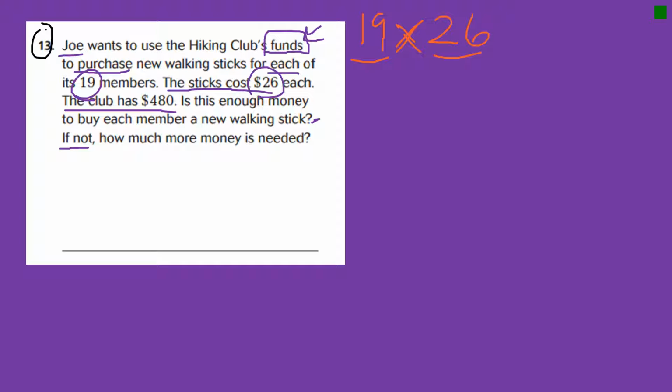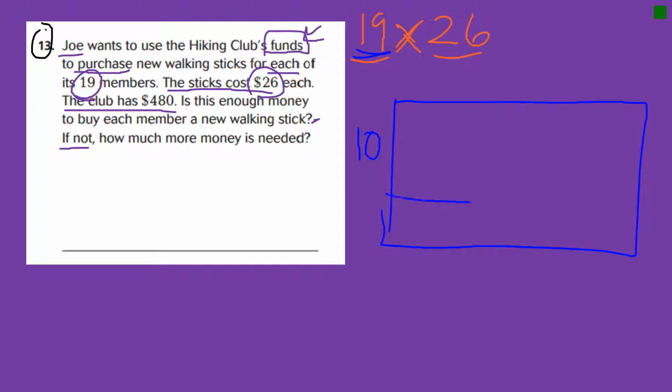All right, so let's find out. 19 sets of 26. All right, so we're going to put the 19 over here on the short side because that's smaller. That's just always how I do it. Okay, we just broke apart 19 into 10 and 9 because that's the same as 19. Now we're going to break apart 26 by place value into 20 and 6.